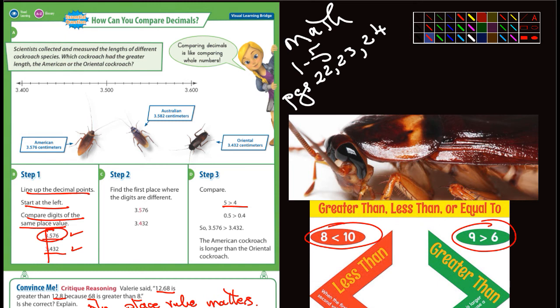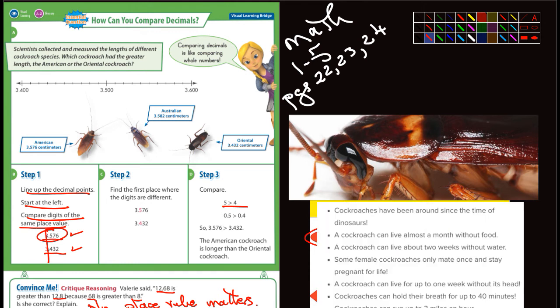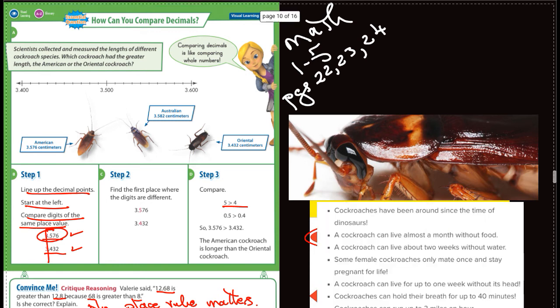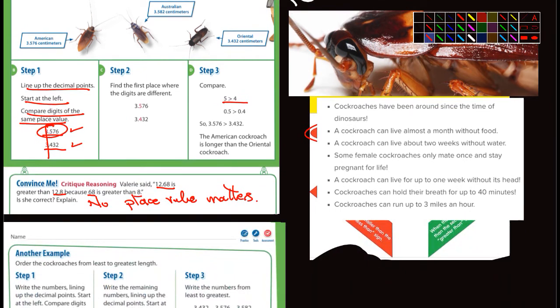But here's some other interesting facts about cockroaches here. Check this out. Cockroaches have been around since the time of the dinosaurs, quite a while. A cockroach can live almost a month without food. A cockroach can live about 2 weeks without water. That's significant.